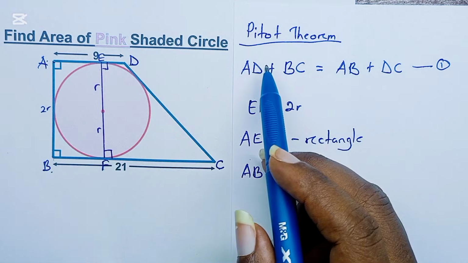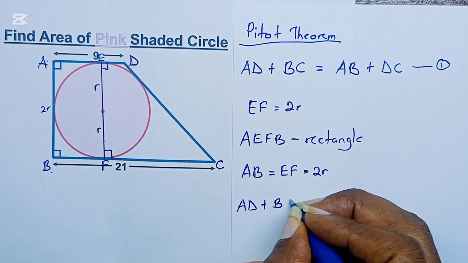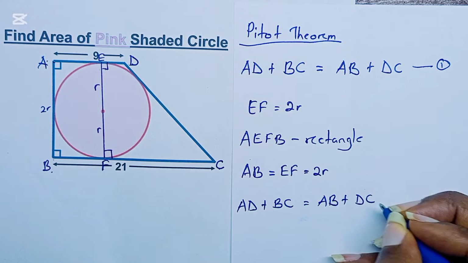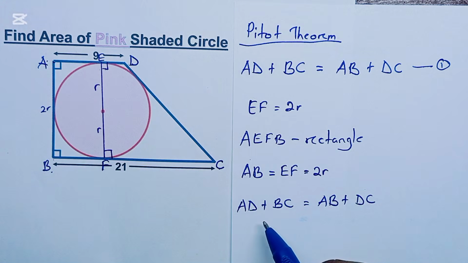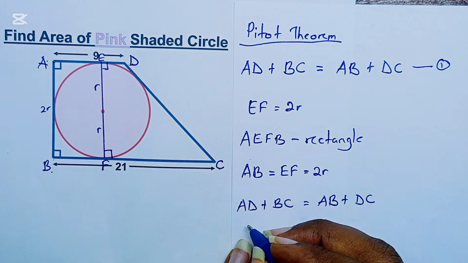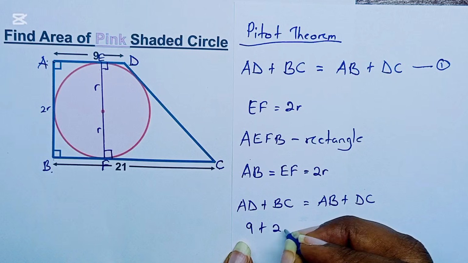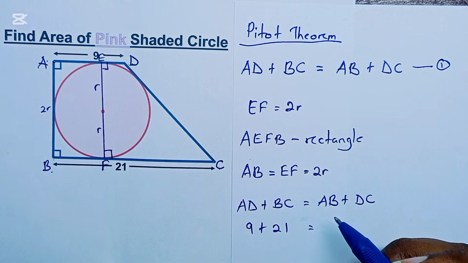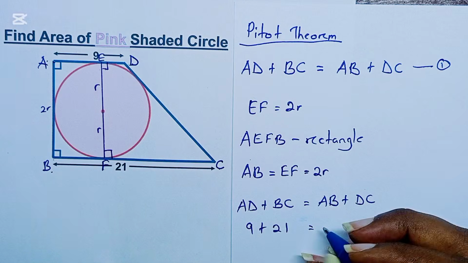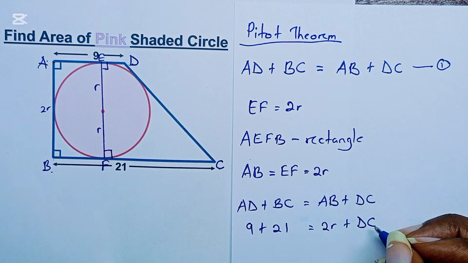So now going back to our equation 1, which was AD plus BC is equal to AB plus DC. As we were given already, AD is 9. So 9 plus BC, which is 21, is equal to AB, which we said is equal to EF, which is 2r, plus DC, which we don't have.